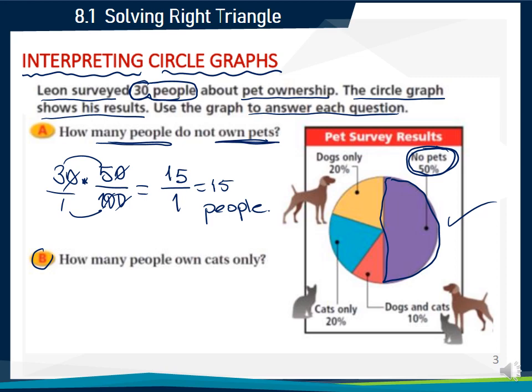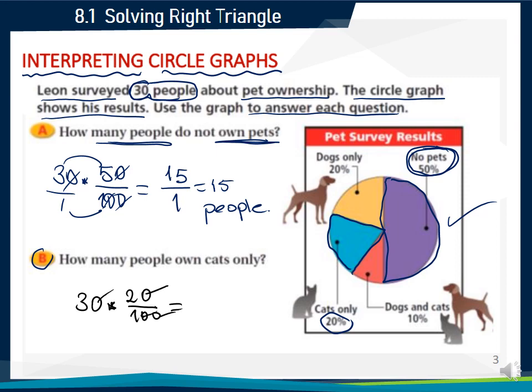Okay, which sector is cats only? This sector is cats only. So this sector is 20%. But how many pupils choose cats only? So in 30 people, we have 30 people multiplied by what? 20%. It means 20 over 100. Always over 100. So again, simplify 0 with 0 and 0 with 0.